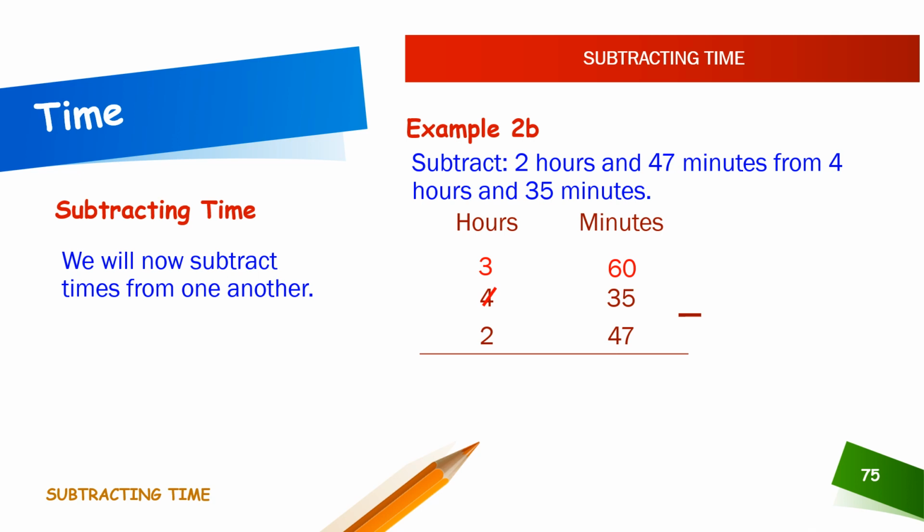In order to borrow an hour from the hours and convert it into minutes, we have to observe that the hour is equivalent to 60 minutes. So we put the 60 minutes in the minutes column, as shown. 35 plus 60 is equal to 95.